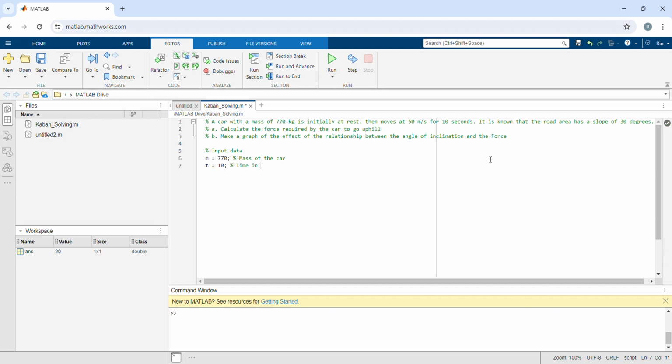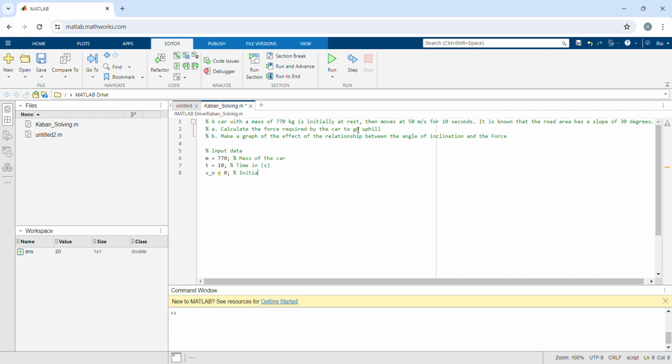Another piece of information is the velocity. It's initially at rest, so the initial velocity is 0. We can write it as v underscore o is 0.